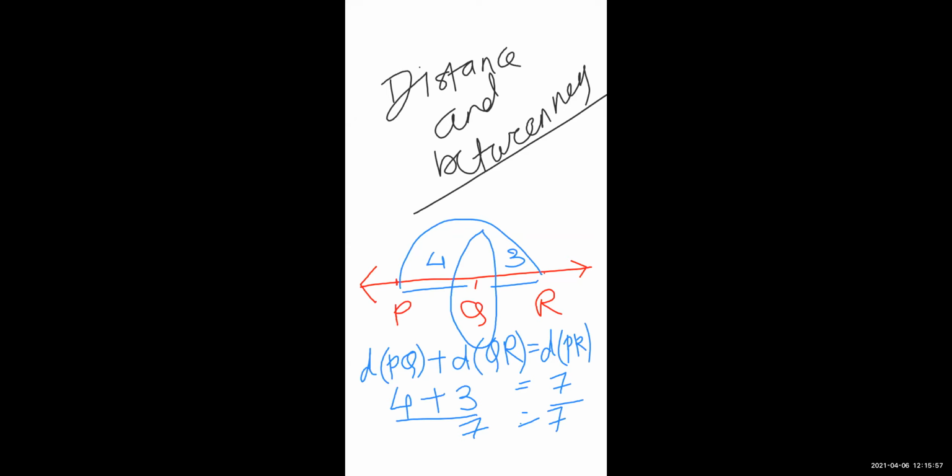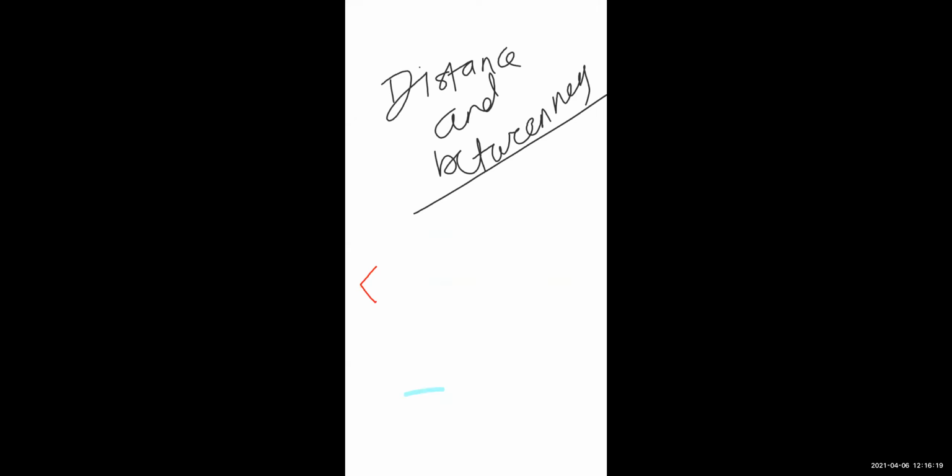Because the addition of PQ and QR is equal to the distance of PR. Okay, now I'm just changing the numbers.